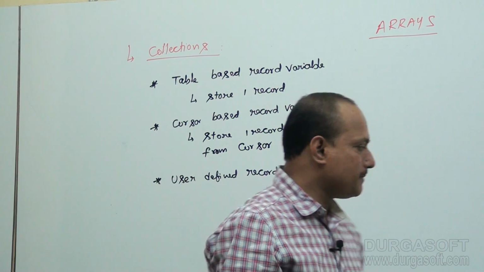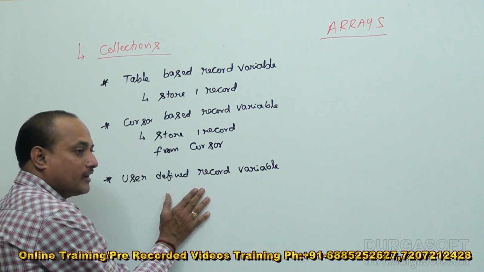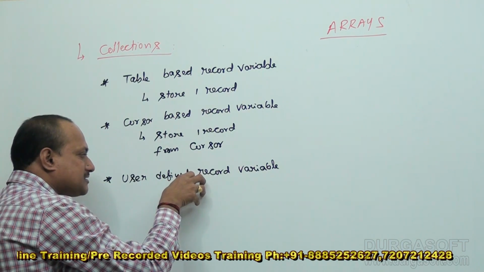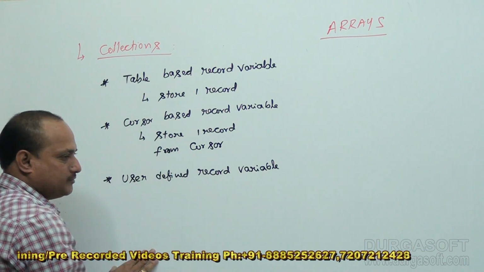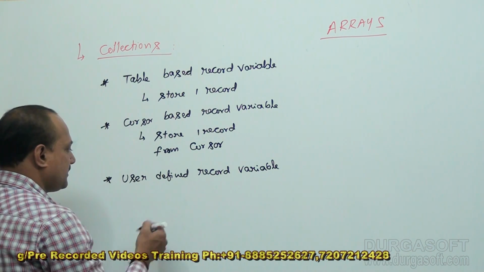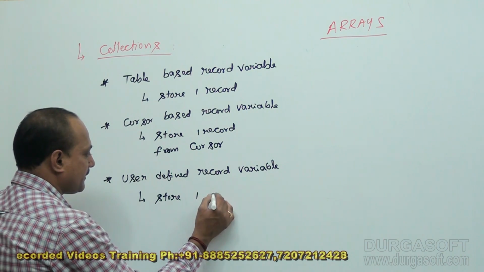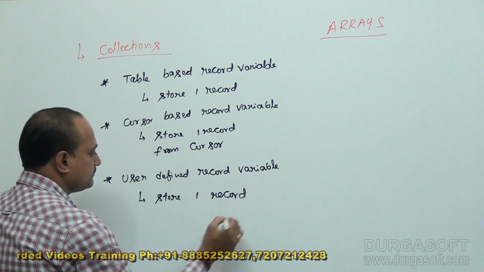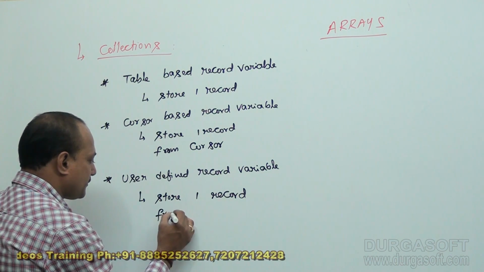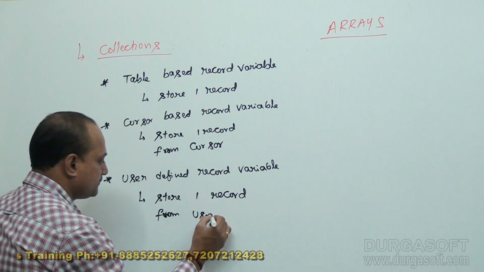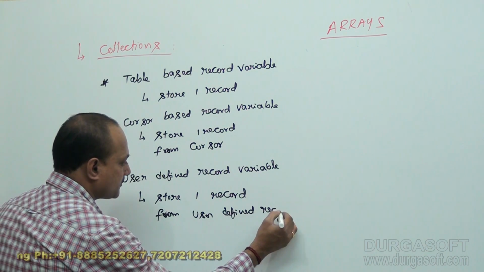Then it is called a user defined record. From that record structure, you are taking one record and saving it into one variable. So this is also storing one record from the user defined record structure. Remember this.